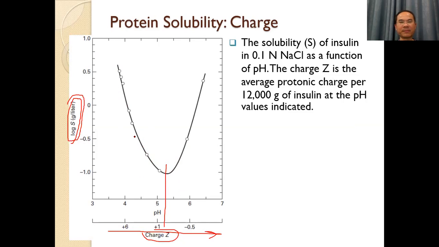This is the minimum solubility. If we increase pH further, the solubility will increase again. This means the pH of 5.5 is the pI, or isoelectric pH. This shows the minimum solubility at pI.